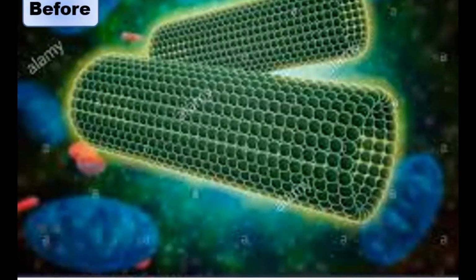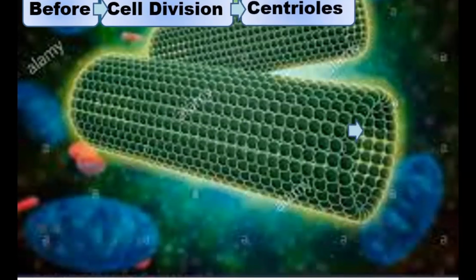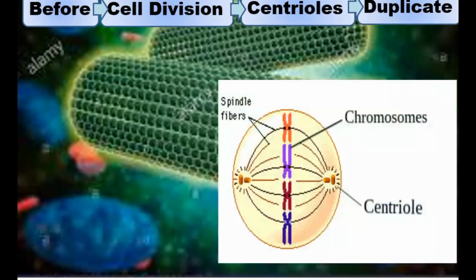Now what will happen before the cell division? The centrioles are going to duplicate. The centrioles will give rise to an identical copy of themselves. As you can see here, one centriole will duplicate and give rise to its identical copy. It will divide into two.